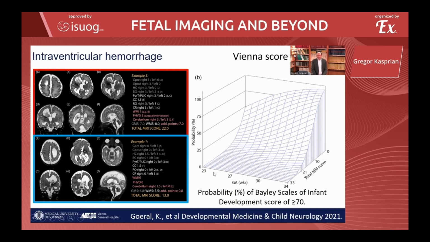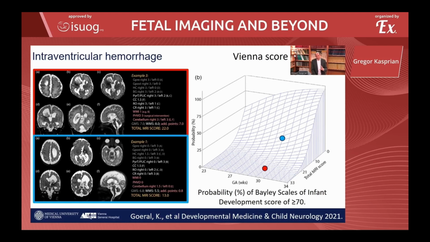So you see the age of preterm birth plays a role, but also this score plays a role. Both act together. And if you look at this case, it would be down here. We have almost 0% chance that this baby is going to have a normal development, whereas this one here with a score of 13 is somewhere right here, around 30 to 50% chance to have a score of more than 70 on the Bayley scales, which is okay for a neurodevelopmental score.